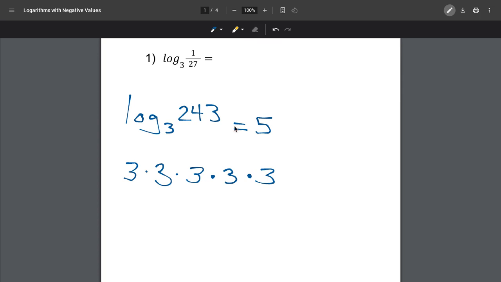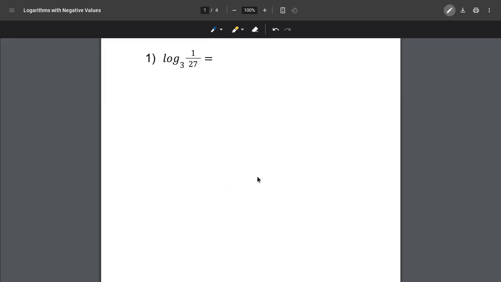In this case, I have a fraction here, so there's an interesting pattern I want to show you. Let me get rid of all this stuff. If I did 3 cubed as an exponent, well, that's 27. If I do 3 squared, that's really 3 cubed divided by 3.